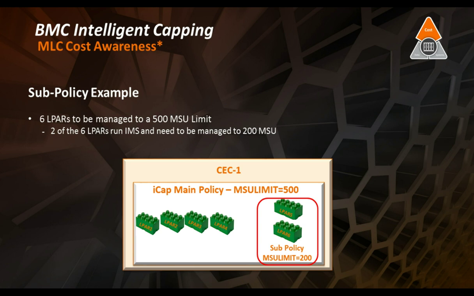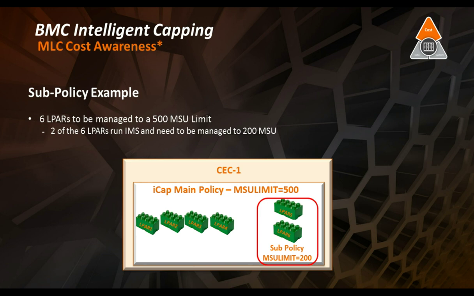So this is an example of using a sub-policy with IMS. I have 6 LPARs in my CEC, and there are 500 MSUs being shared by the 6 LPARs in the CEC. However, I have a sub-policy for 2 of the LPARs because they run IMS, and I want IMS to be managed to 200 MSUs. ICAP can manage those 2 LPARs separately from the overall CEC itself. So now those 2 LPARs that run IMS are limited to 200 MSUs.